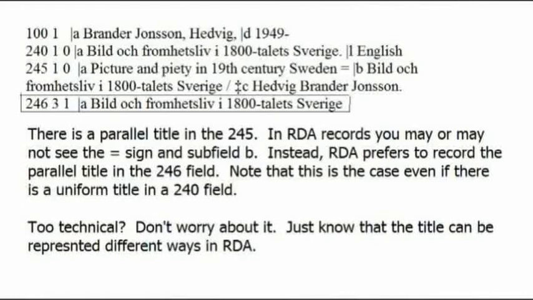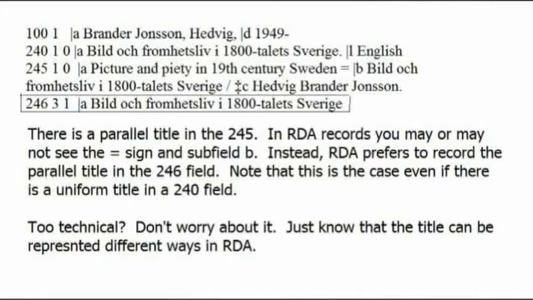What you would typically find in an RDA record is an additional 246, which contains the parallel title. In the case of this record, the indicators are used to denote that a parallel title is contained in the field. Notice too that the 246 is used even though there is a uniform title in the 240 field.